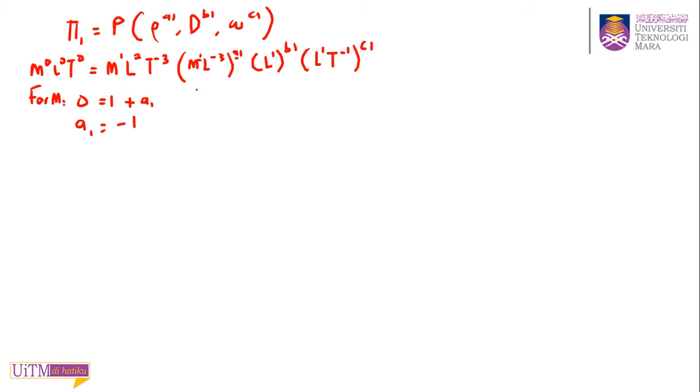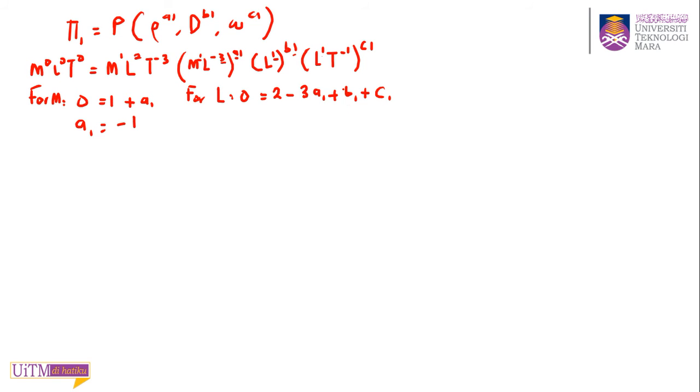Then for L, 0 equals 2 plus minus 3 times A1, so minus 3 A1, plus B1, and 1 plus C1.